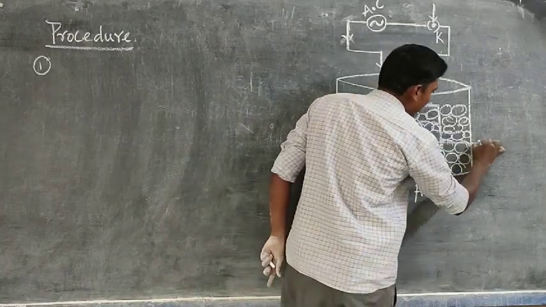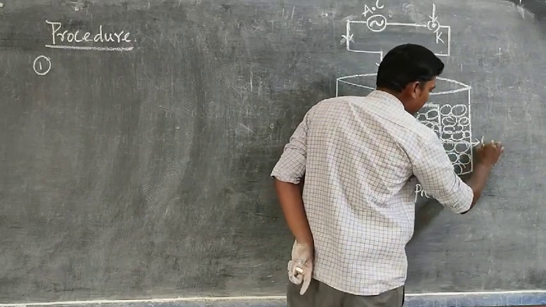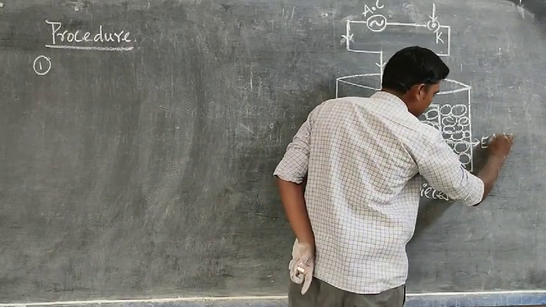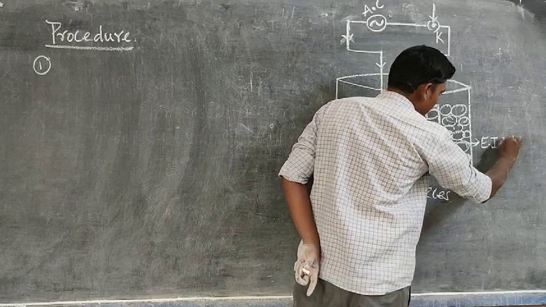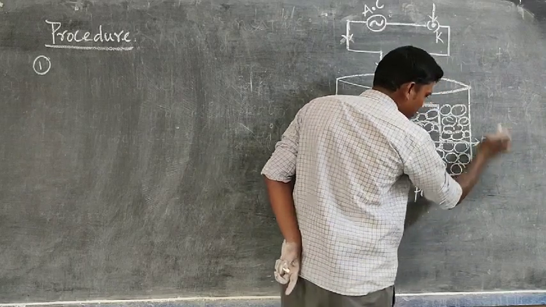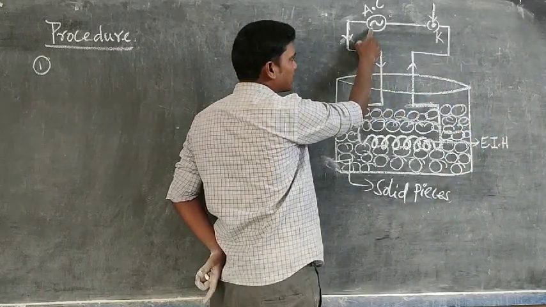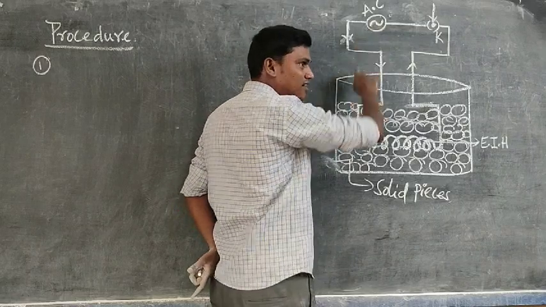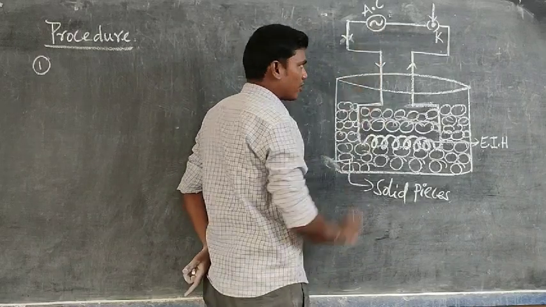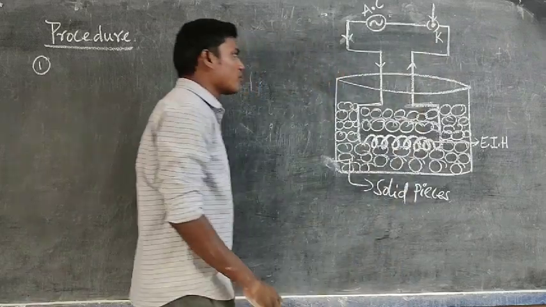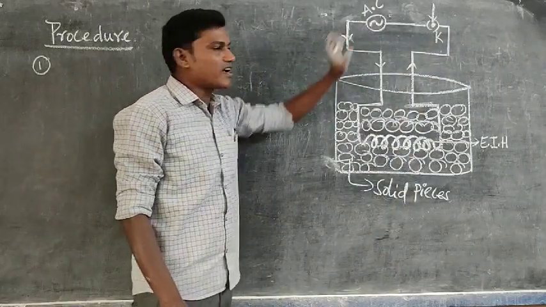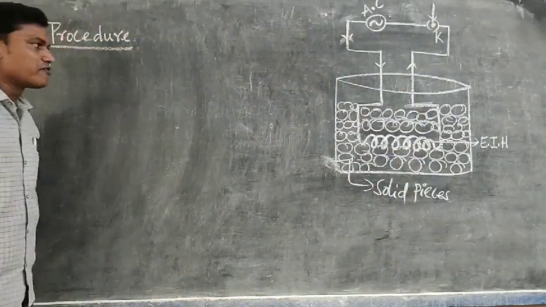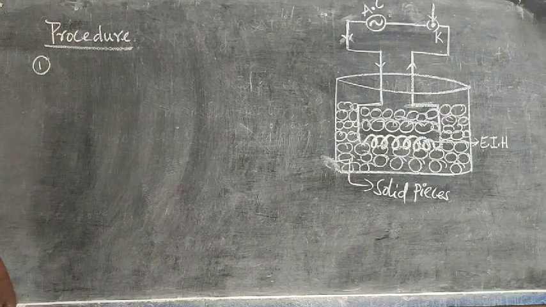This represents the electric immersion heater. This is the AC supply, alternating current, which we use in our home. This is a switch or plug key. These are the connecting wires. That is a brief idea of the circuit in this electrical method.